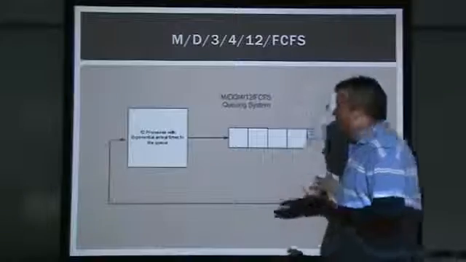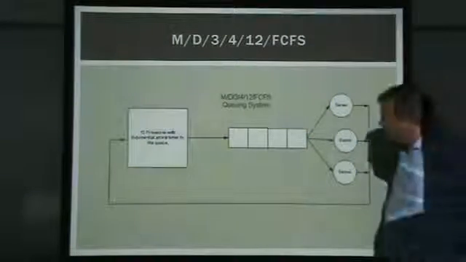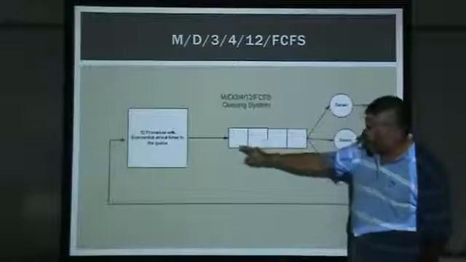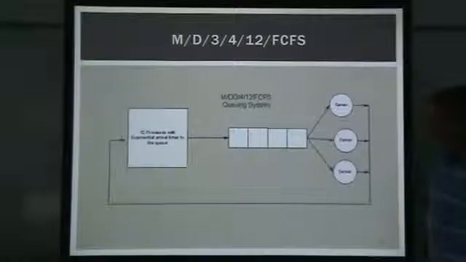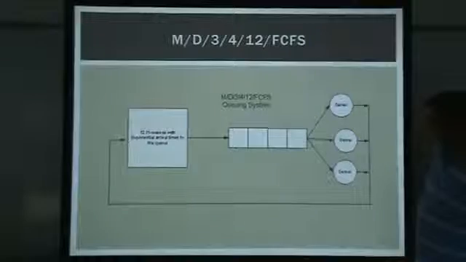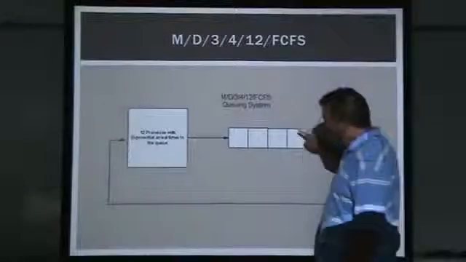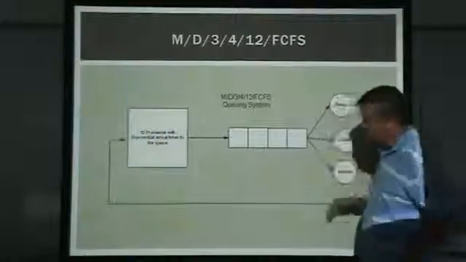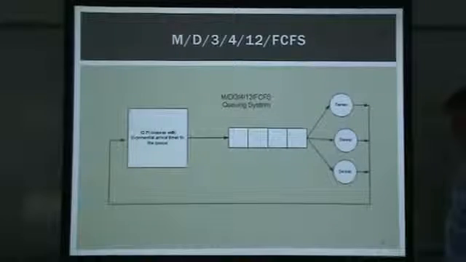So just as an example of using this notation, suppose we have a system like this. In this case, our queue has exactly 4 seats in it. So it's not like an infinite queue. It's 4 seats. We have 3 servers. You can think of this as 3 cashiers at a supermarket. And then we have a finite number. This is a closed system, so new jobs or new processes aren't coming in from the outside.